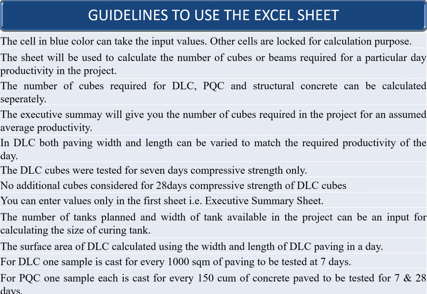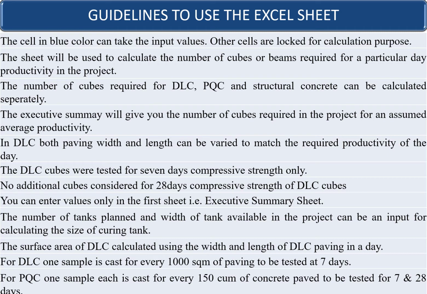The number of tanks can be planned in the project, which will be an input value varying from 0 to 10. The width of the tank can also be assumed depending upon the land availability, so that the third dimension can be calculated depending upon the area required for curing. The surface area for DLC is calculated using the width and length of DLC paving in a day.